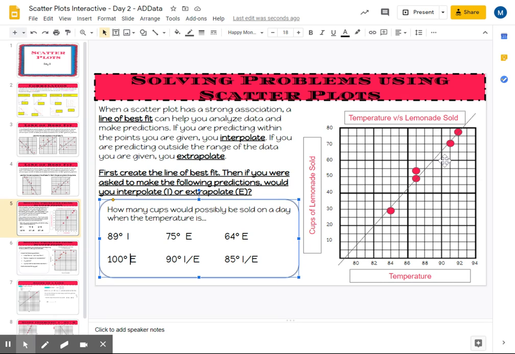We can get a value for 90 degrees. My line actually goes right through it. It would be 65 cups. That means we are going to interpolate. And 85 degrees is within our range as well, so we are going to interpolate. I guess the one questionable one was 75. It's barely on the chart, so maybe that's more of an interpolate, but it is not really within the range of the dots that we were given.